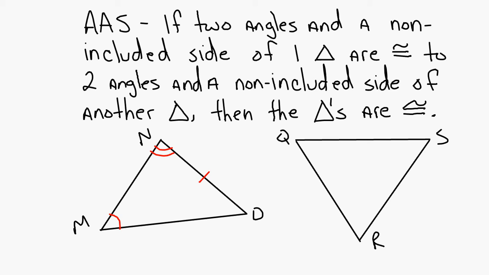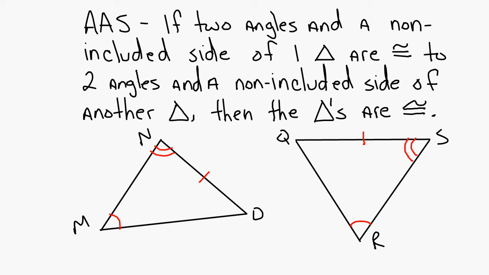So an angle, angle, non-included side, congruent to an angle, angle, non-included side of another triangle, then the triangles are congruent. So angle, side, angle was angle, included side, and an angle, and angle, angle, side is angle, angle, and a non-included side. Good?